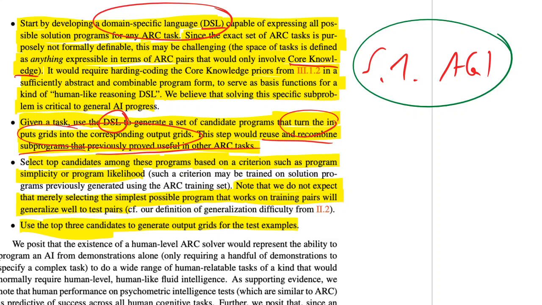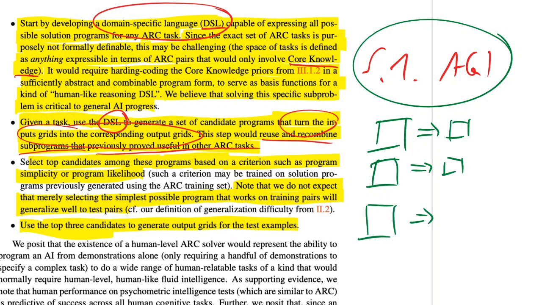And then once you have that programming language, if you're given a task where you have a bunch of these demonstration things, and then you have the test thing, you would generate all the programs that, given the input grid, would produce the output grid, right?